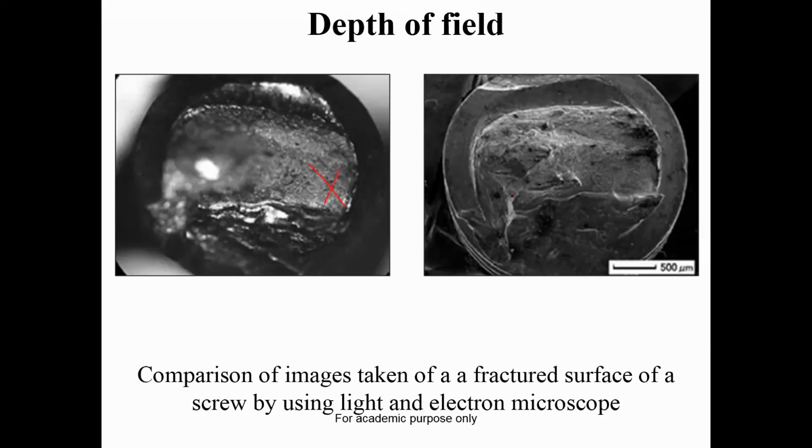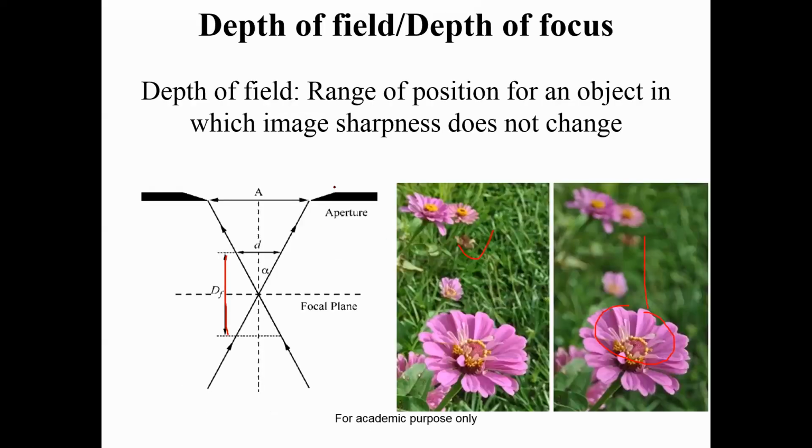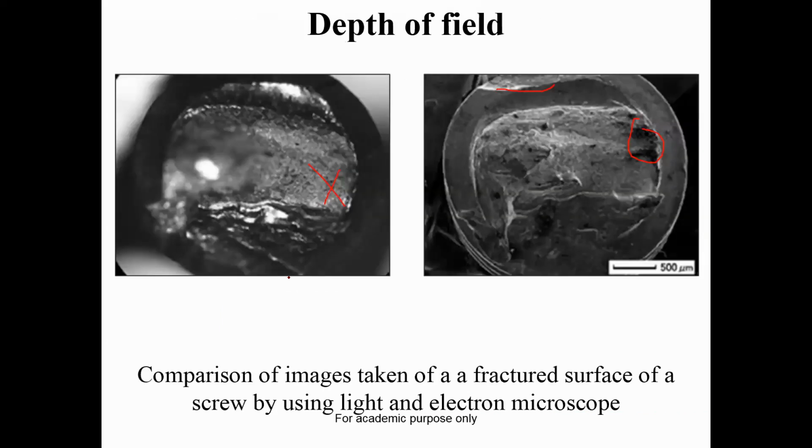However, if we go for the electron microscope, it provides 3D information. You can see that some kind of brittle fracture is here. Similarly, there is other information as well. So this is due to the depth of field. In the electron microscope, using this kind of setup, we can get good depth of focus or depth of field.